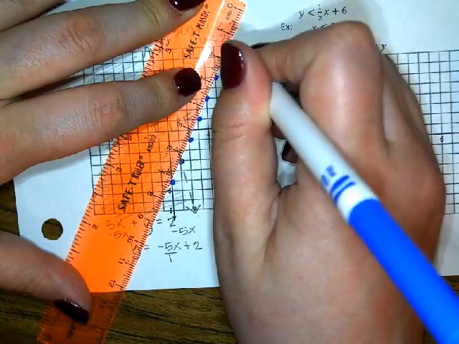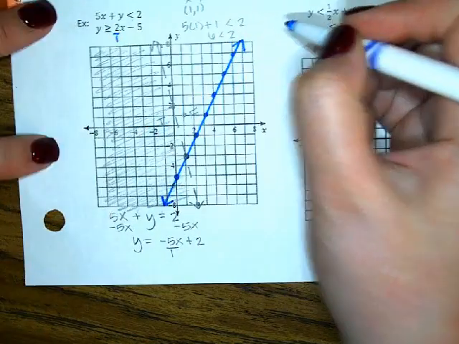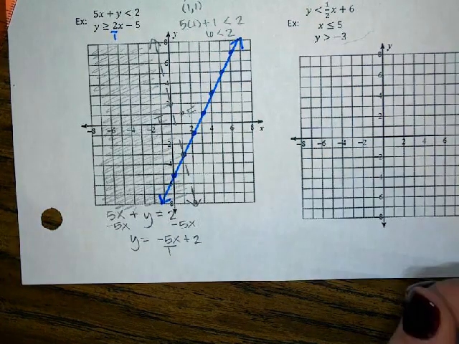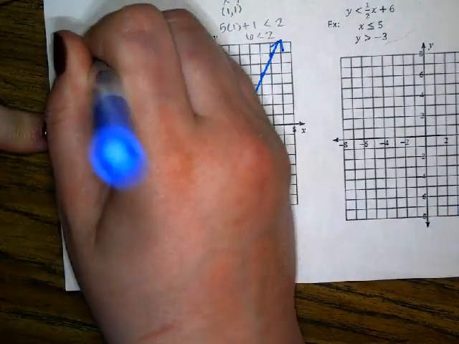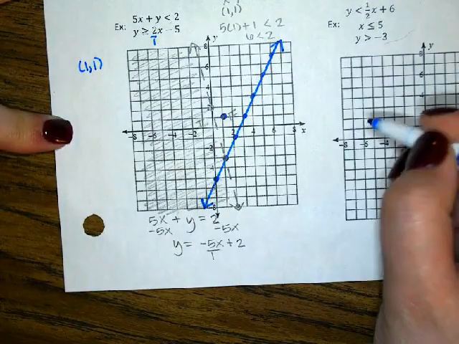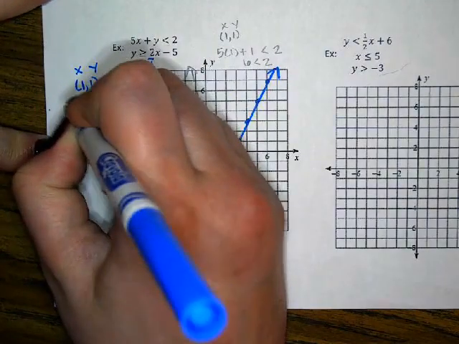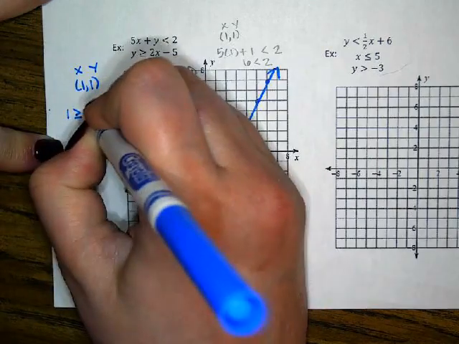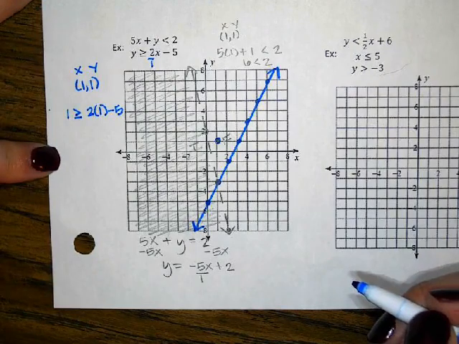Okay. And then what point do you guys want to plug in? 1, 1? So 1 for x, 1 for y. And you don't have to plug the numbers in your head.